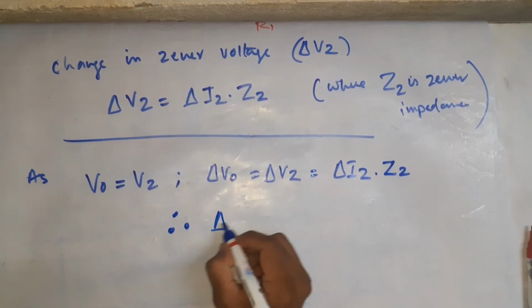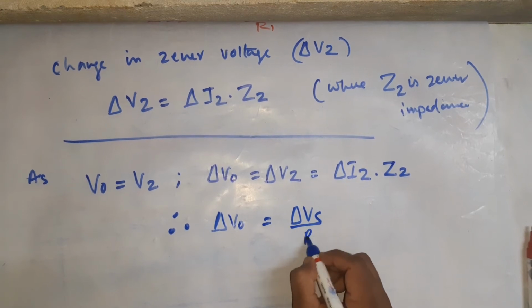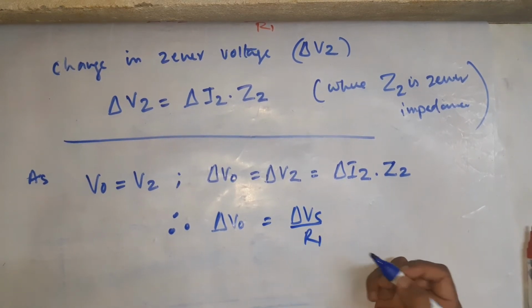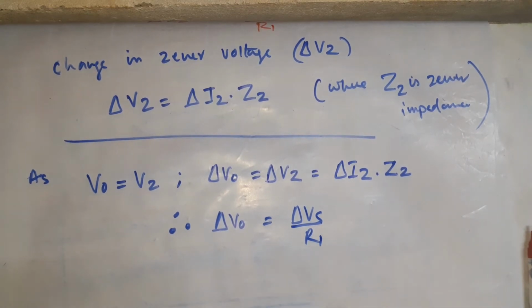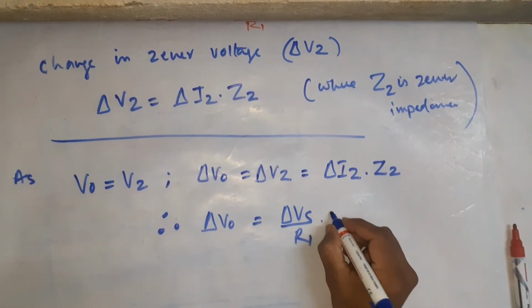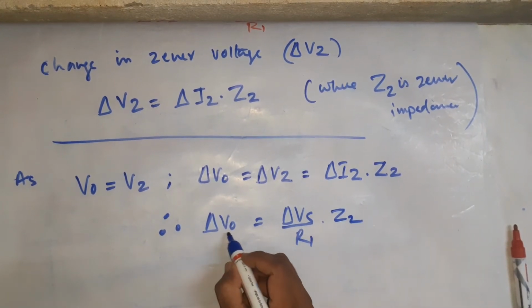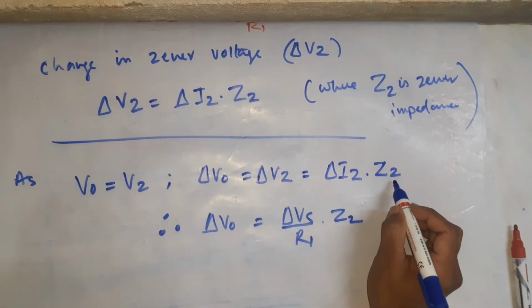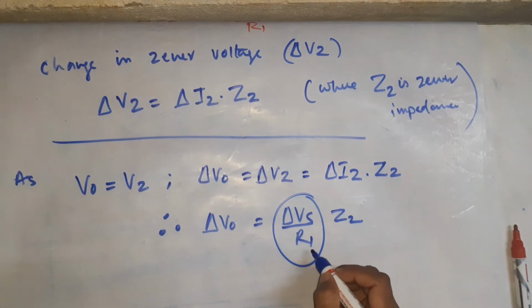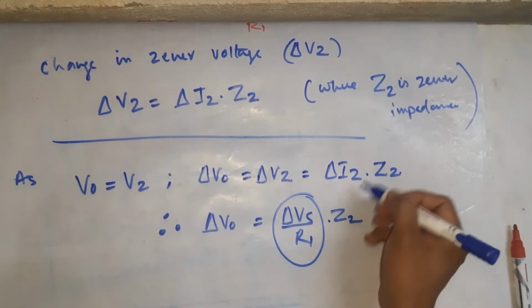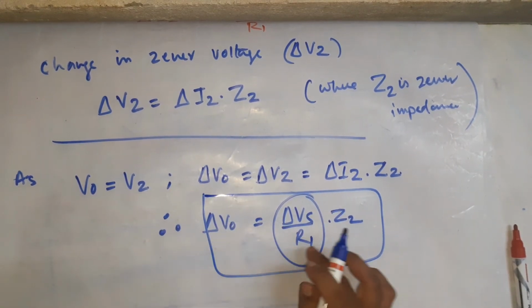Therefore, I can write change in V0 is nothing but change in Vs divided by R1, into Zz. How have I written this? Change in V0 is nothing but change in Iz into Zz, and change in Iz can be written as change in Vs by R1. Same thing is written here. You need to keep this.